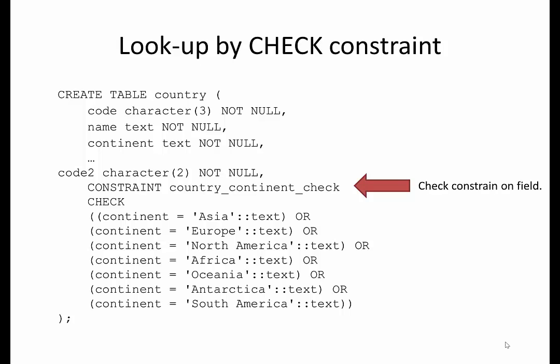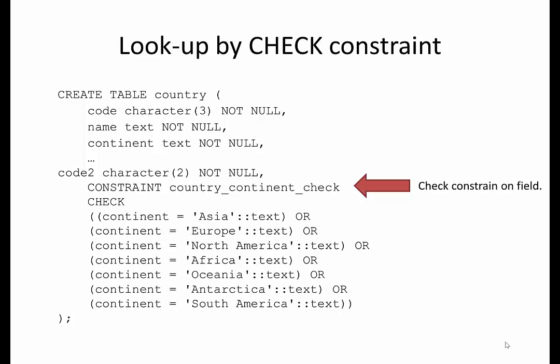Sorry, we have this field continent up here. So we have our field continent, a text field, and it's not null, a column constraint on it. Down here, we define a constraint called country continent check, and that is a check constraint that goes through this set of constraints each time a row is entered.